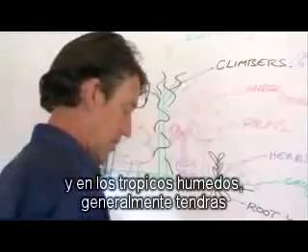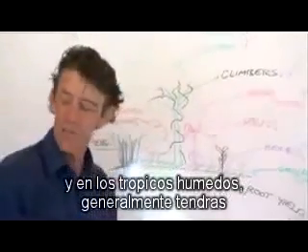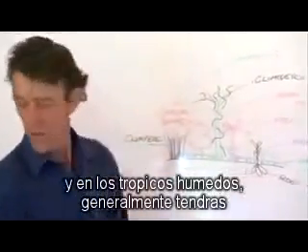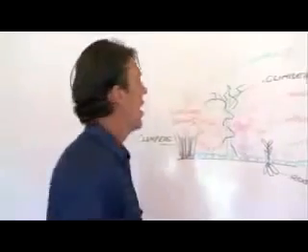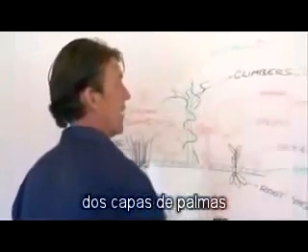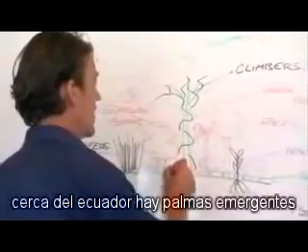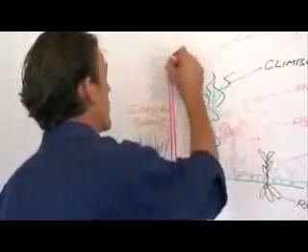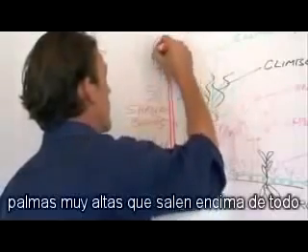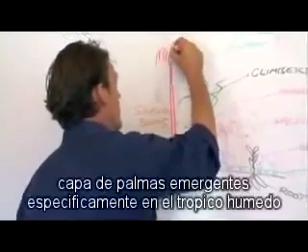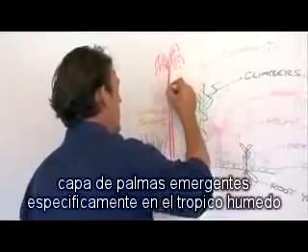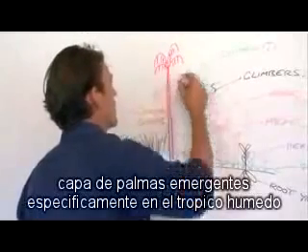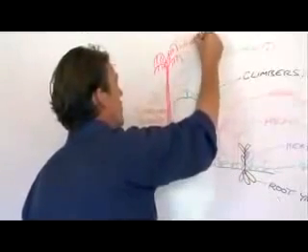And in the wet tropics, you can typically have 2 layers of palms. When you get near the equator, you also get what are called emergent palms, long skinny palms that stick right at the top of the forest. The emergent palm layer. Now that's specifically to the wet tropics. The emergent palms.